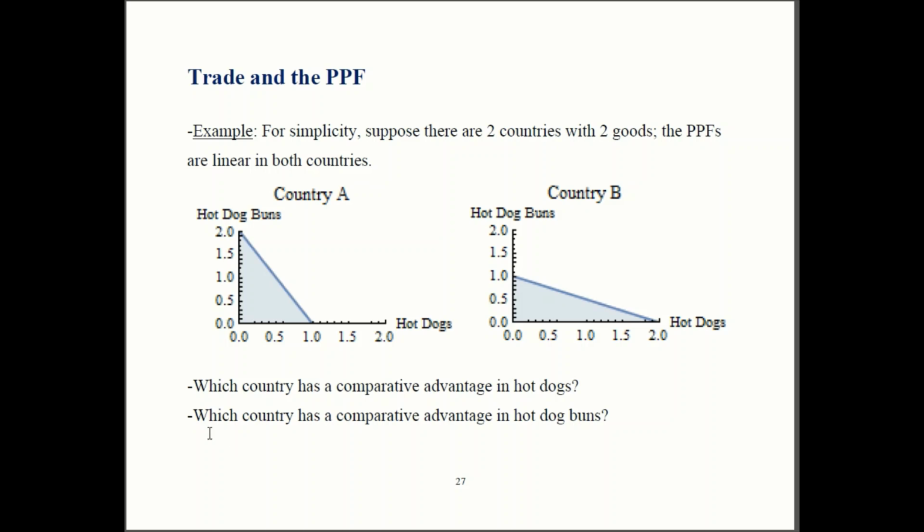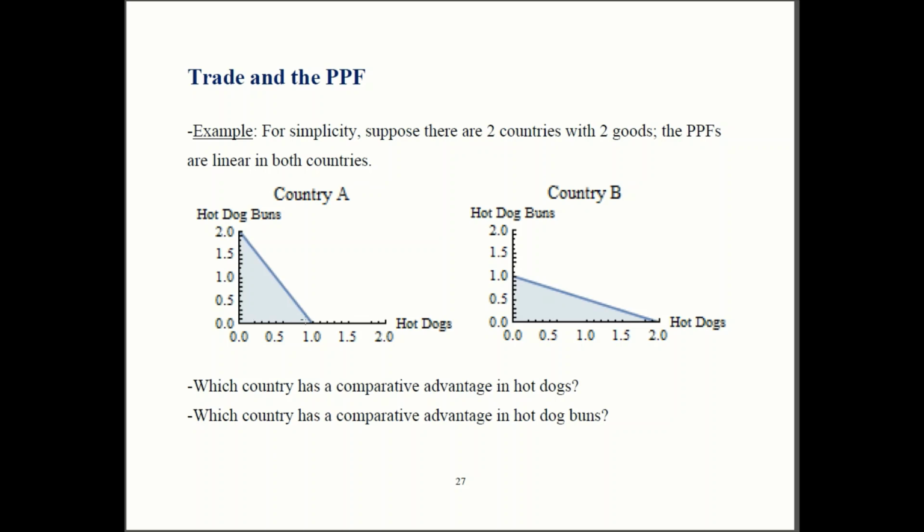Now let's move on to the next question. Which country has a comparative advantage in hot dog buns? That will be country A, so I'll go through the same kind of thinking here. If you want to go from 0 hot dog buns to 1 hot dog bun, you're going to have to give up half a hot dog.